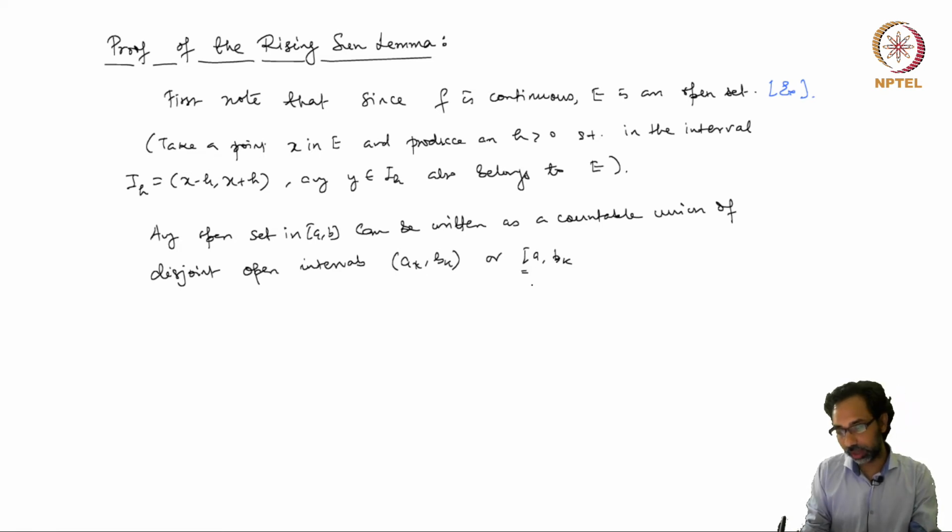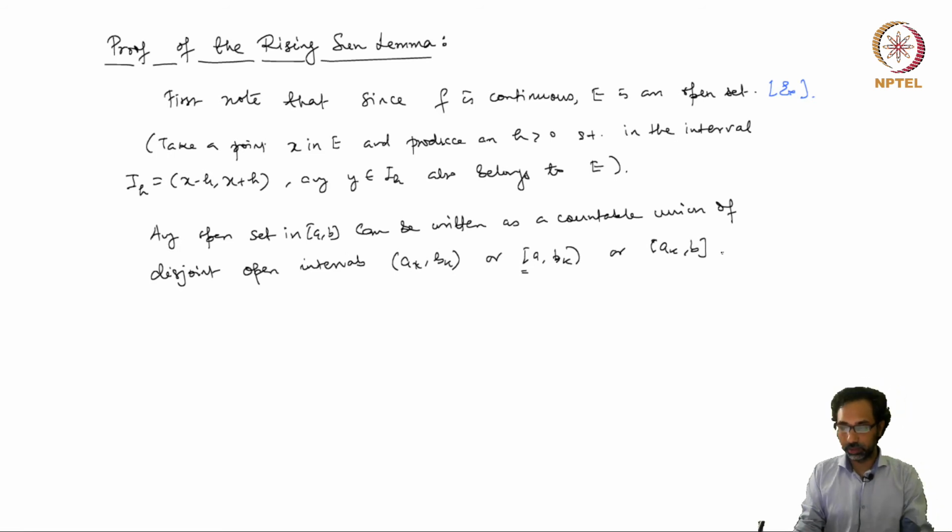So a can be included here or b can be included. These can also occur in the disjoint unions, and in fact we will also consider these kinds of intervals in our decomposition of E into a countable union of disjoint intervals.